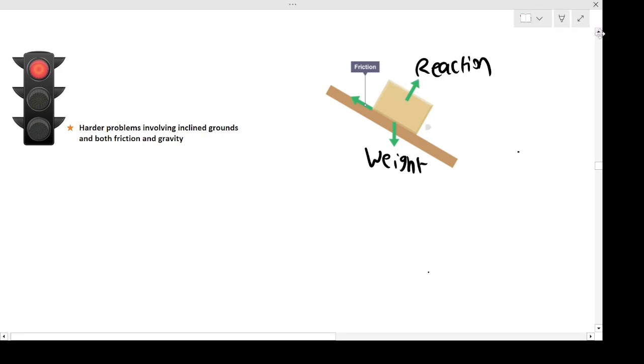The box, you can imagine it in real life, is going to move down the table because of the weight, the gravity. So friction will then act the other way to oppose it moving down the table.